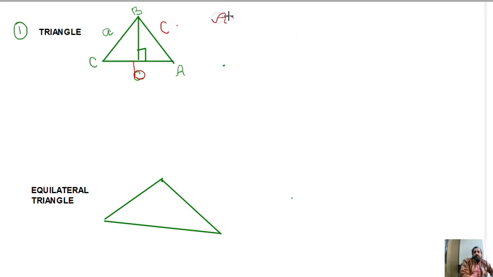Now, first the area of a triangle. Area of triangle ABC is equal to half into base into height. And one more formula is there for the area of the triangle, that is Heron's formula. Before Heron's formula, what is the perimeter?